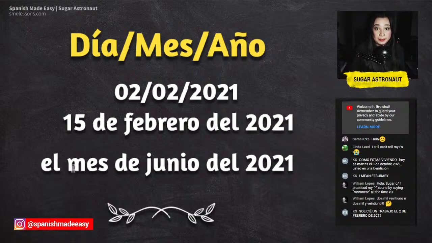You have to be specific. You have to say el mes de junio, and you're referring to the month of June specifically. So yeah, el mes de junio, el mes de diciembre, el mes de agosto, and that is masculine. All the months are masculine, but don't forget to say el mes de, okay?